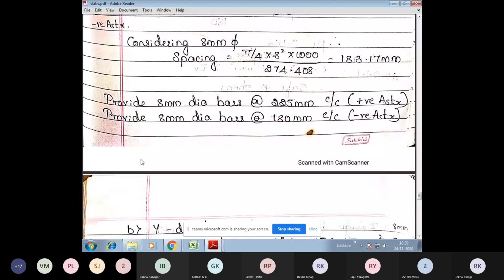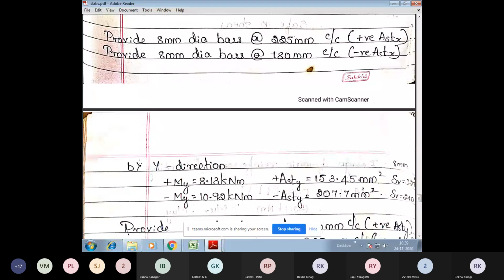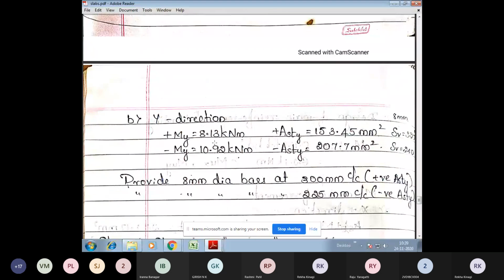Similarly, we need to consider the Y direction. In the Y direction also, we'll be calculating positive ASTY and negative ASTY and provide the reinforcement bars. That is 8 mm diameter bar at 300 mm center to center and 8 mm diameter bars at 225 mm center to center.